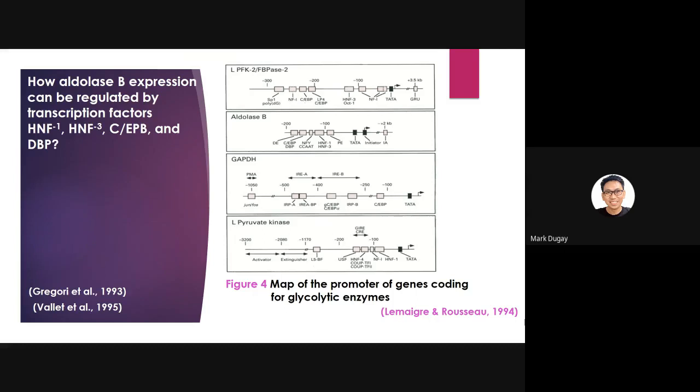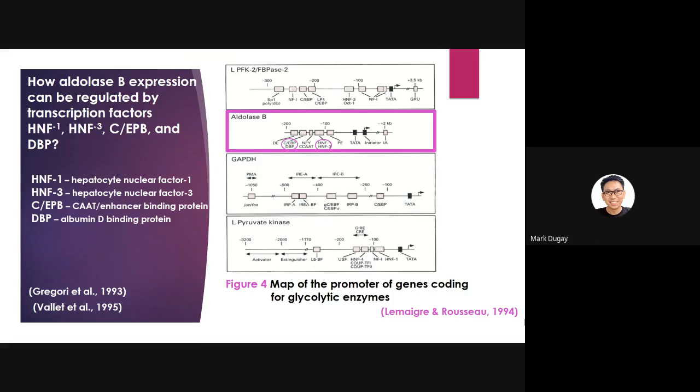We'll be focusing on enzyme aldolase B. Its gene expression appeared regulated at the proximal promoter, the site where hepatocyte nuclear factor 1 or HNF1, hepatocyte nuclear factor 3 or HNF3, the C enhancer binding protein or CEBP, and albumin D binding protein transcripts bind.